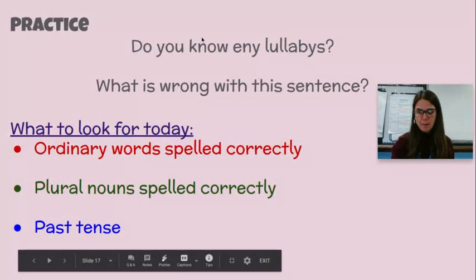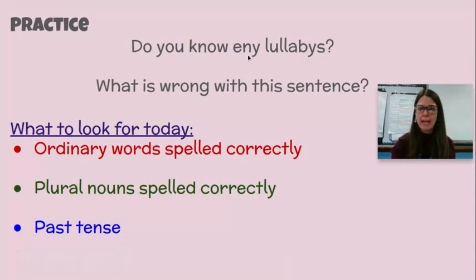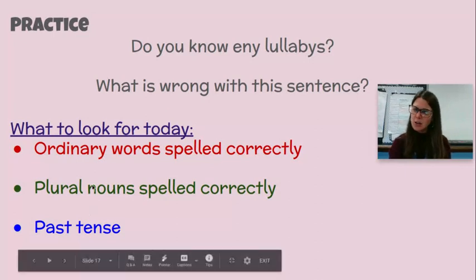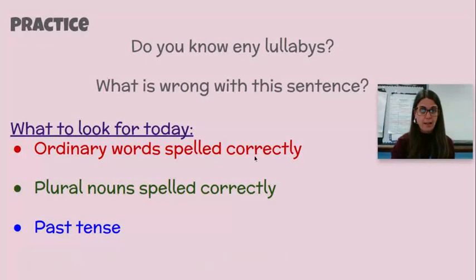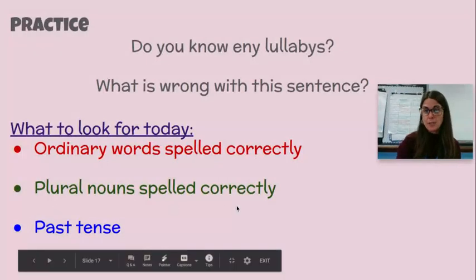So this is number 1 on your daily fix-it page, and it says, do you know any lullabies? Well, that sounds fine. So let's see what's wrong with this. What is wrong with this sentence? Things you're going to look for today are: are ordinary words spelled correctly, are plural nouns spelled correctly, and are things in the past tense.